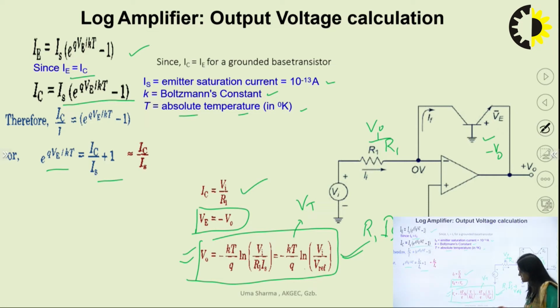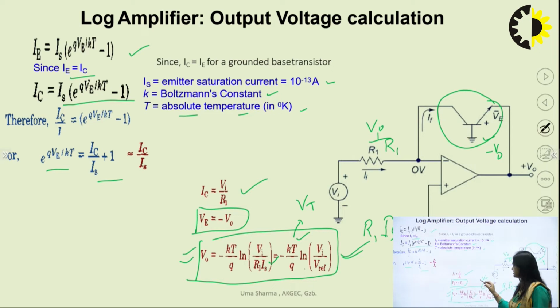Now you can see from this expression that the output is dependent on the temperature as well as on the reverse saturation current. So there are two factors on which the output depends: one is temperature, the second is the reverse saturation current. Basically the reverse saturation current varies from transistor to transistor, and also with time and temperature.